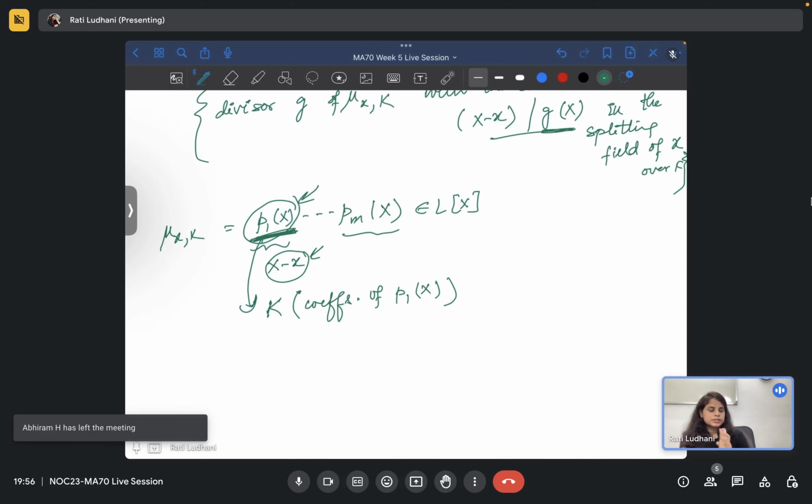So this is the case. Okay, yeah, so these are coefficients of p1(x), and then we are done.